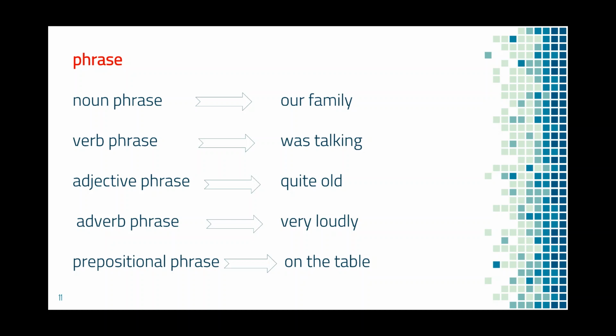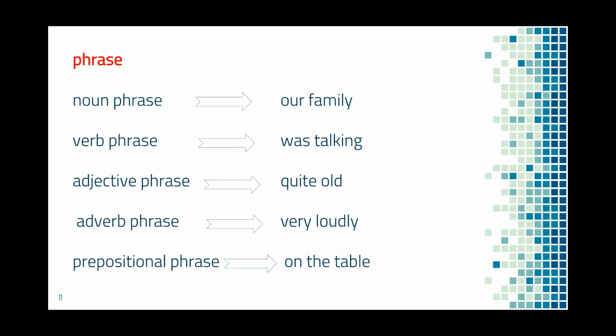Now, there are different types of phrases. There is a noun phrase, as in our family. There is the verb phrase, such as was talking. And there is the adjective phrase, as in quite old, or the adverb phrase, very loudly. And there is also the prepositional phrase, such as on the table.